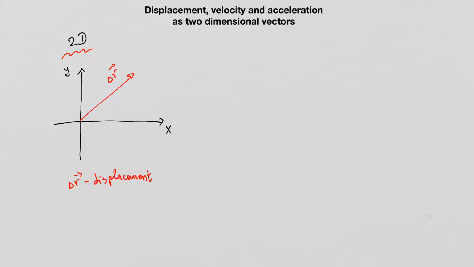So that means that this vector can be presented as the sum of two vector components, which I will call delta Rx and delta Ry.